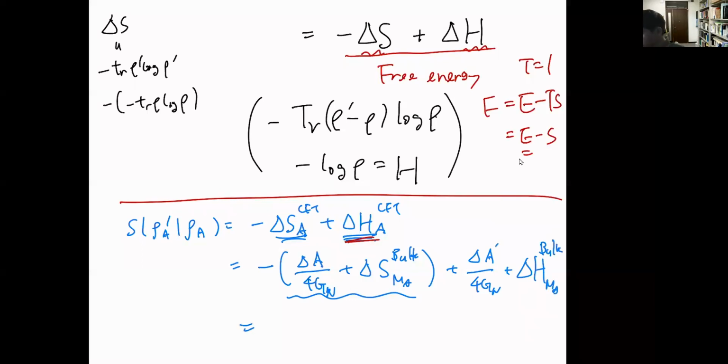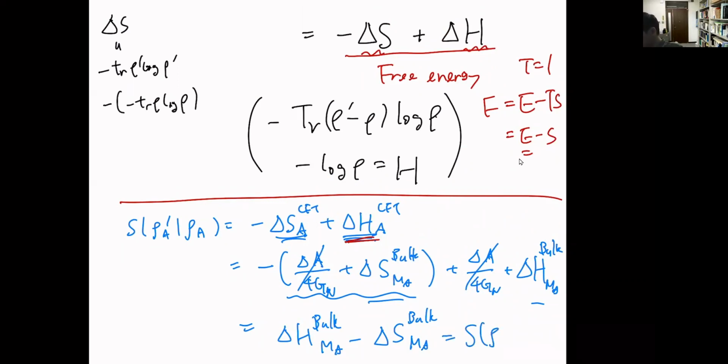These two area terms cancel, and only the bulk piece appears: delta H bulk M_A minus delta S bulk M_A. That way you find the relative entropy for rho M_A.